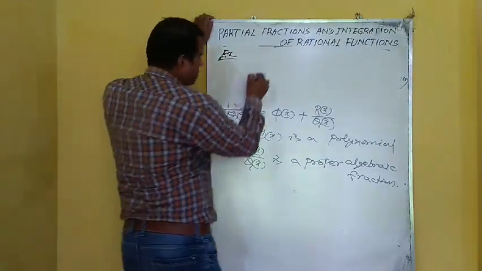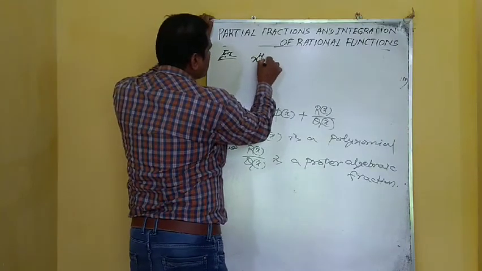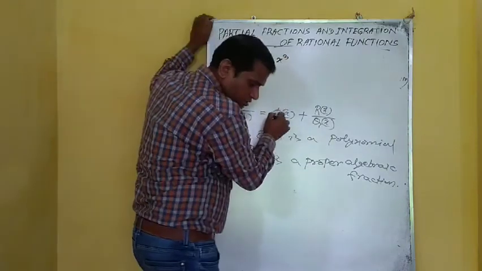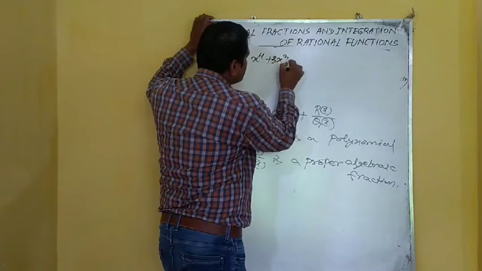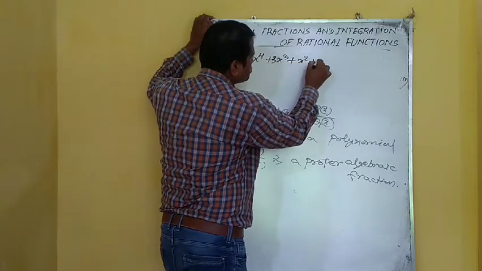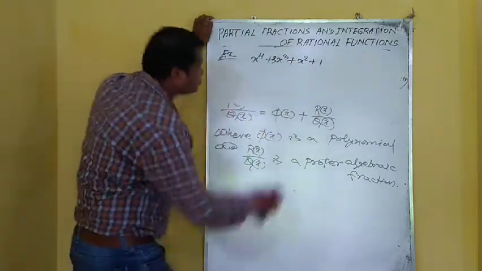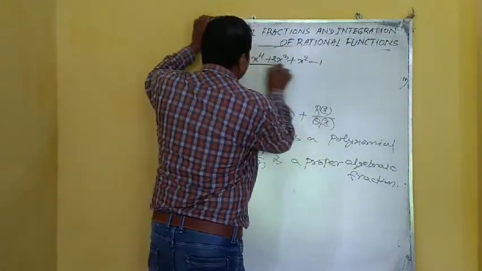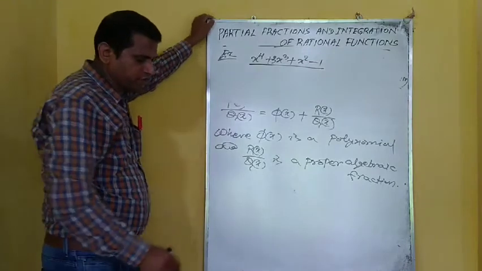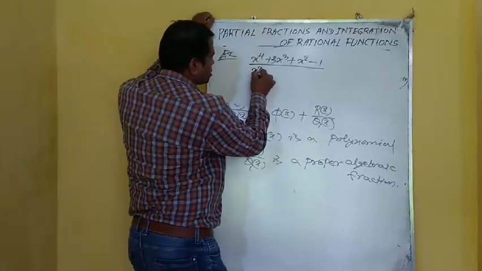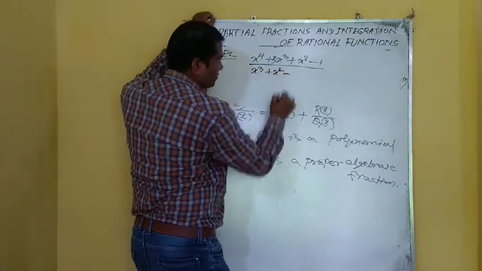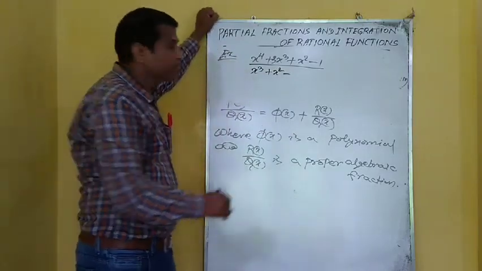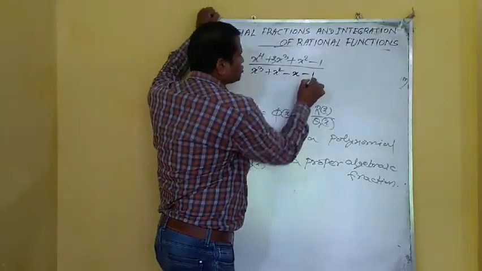Example, x to the power 4 plus 3x cube plus x square minus 1 divided by x cube plus x square minus x minus 1.